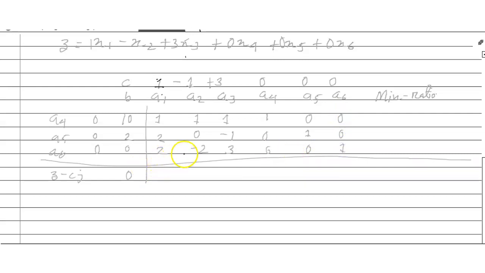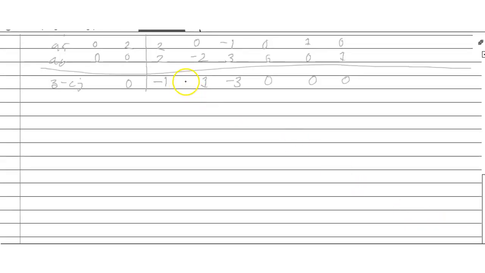Now friends, multiplying and subtracting, the values are minus 1, 1, minus 3, 0, 0, 0.